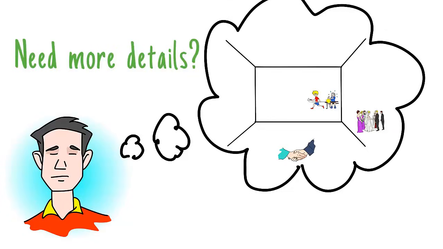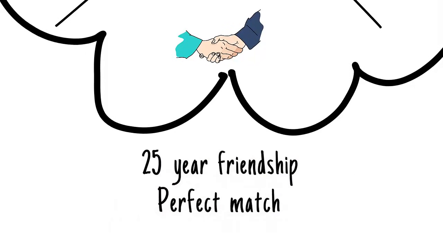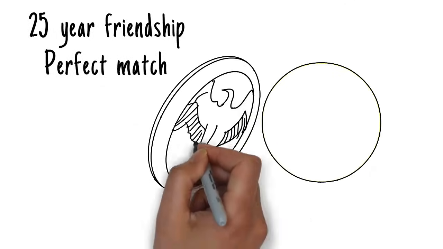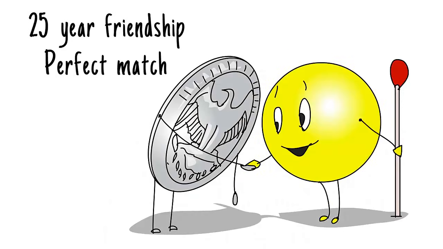You might not feel comfortable with only 8 mental pictures to help you, so here's what you do. For each section of your speech, choose the extra details you want to make sure you mention. In the introduction, you might want to mention you've been friends with the groom for 25 years and how happy you are he found his perfect match. You could use a quarter, a 25-cent coin, to represent 25 years, and picture it shaking hands with a smiley face holding a match.